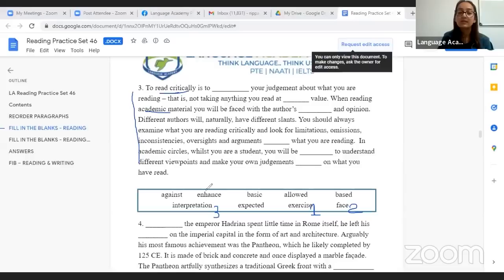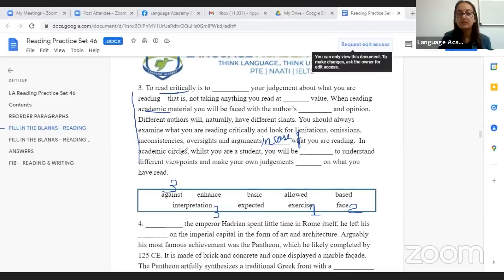This was arguments against. Against means in case of. One meaning of against is in a negative way, like they say against each other means competition type. And one meaning of against is in case of, related to, in context of. That is how we use against. So arguments in case of what you are reading, or in the context of what you are reading.